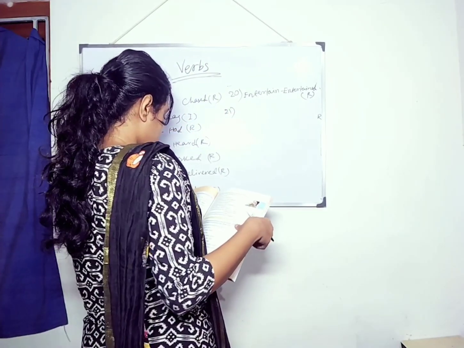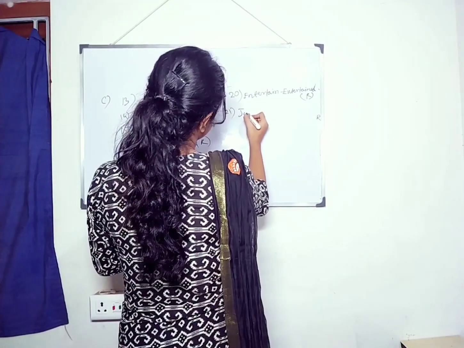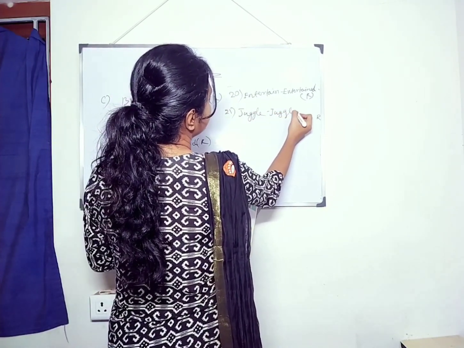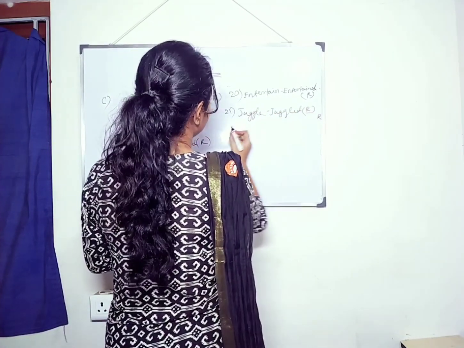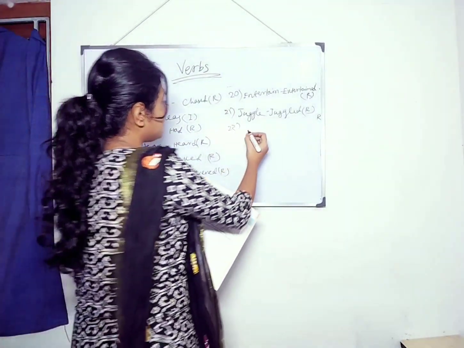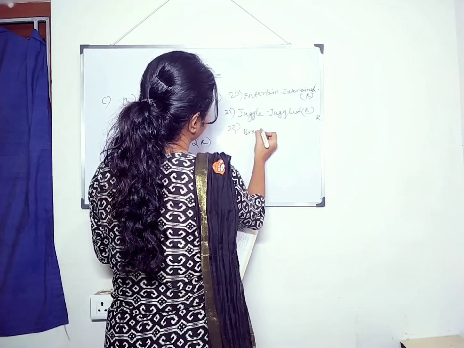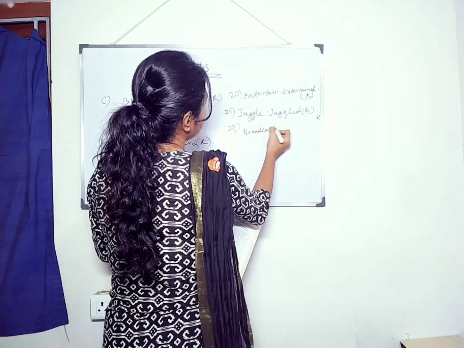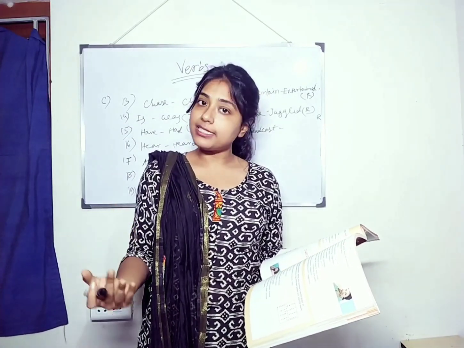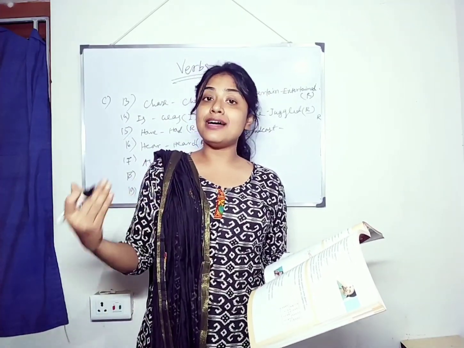Number 21, juggle, juggled, regular. Number 22, broadcast. Broadcast has no different form in the past tense. It will remain the same.